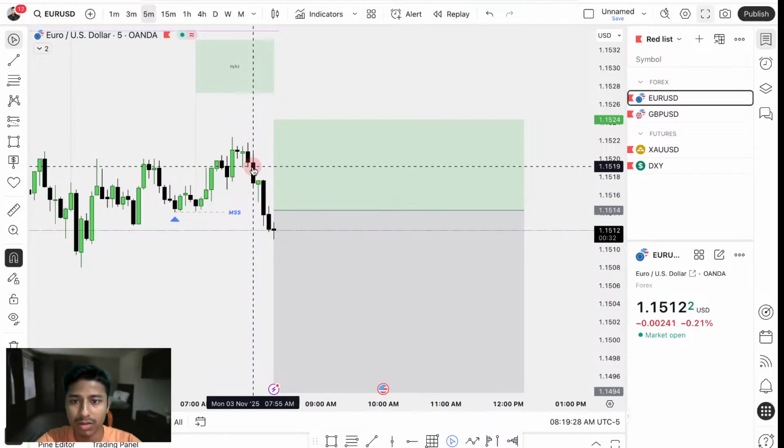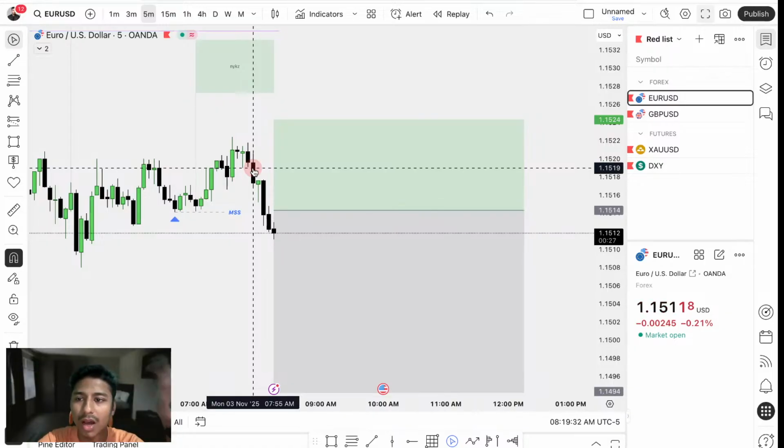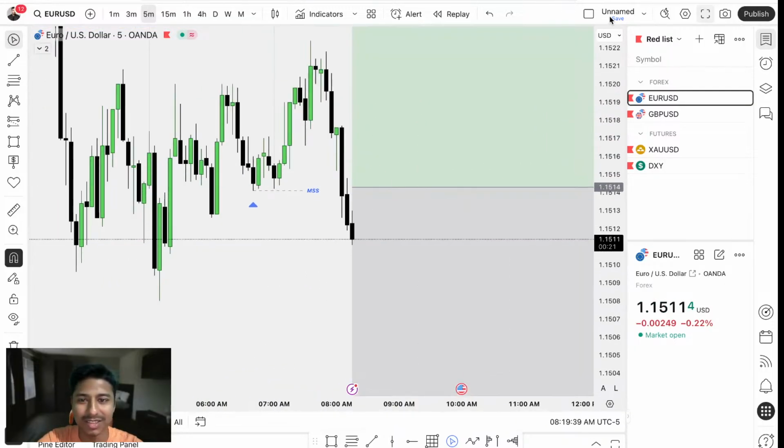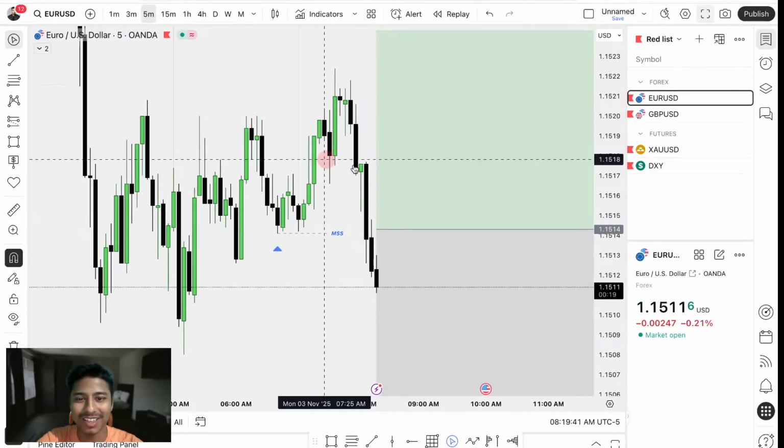Okay, it's sold here. What was your confluence for the entry? What setup did you see? Actually, it's literally nothing telling to go down.